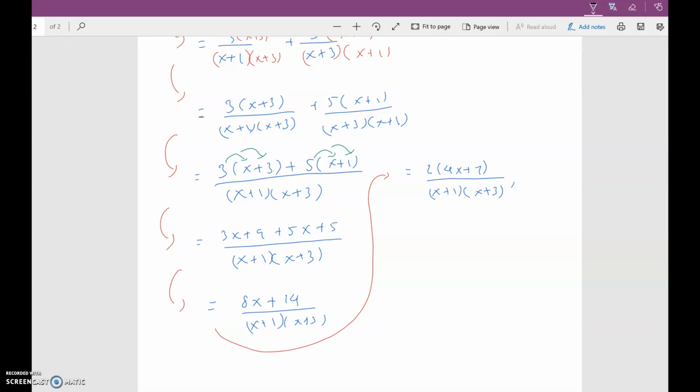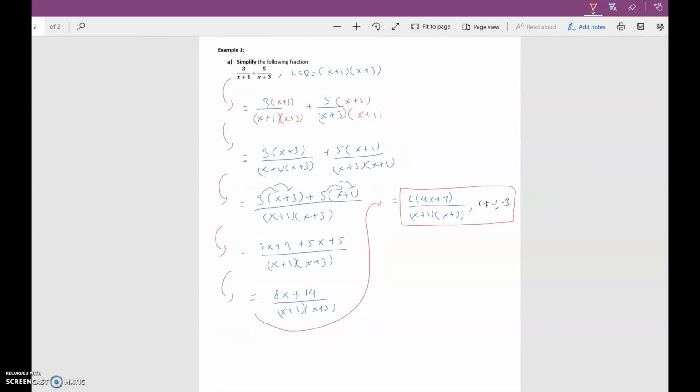And then all of these, remember that they have a disclaimer: x cannot equal -1 and -3. These are the values where the functions are not defined. So if they just want us to simplify the fraction, that's what you're looking at.